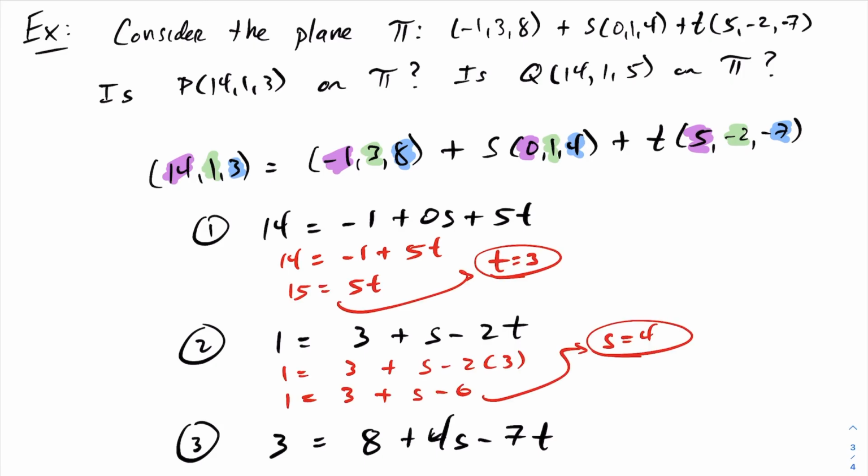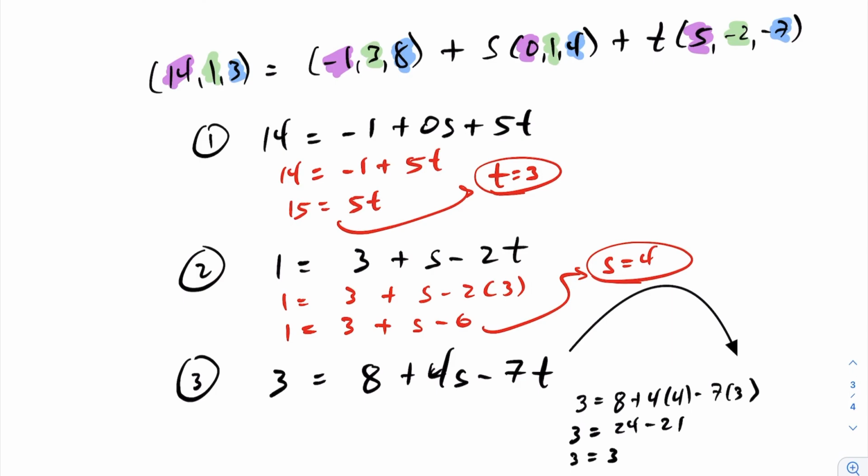Solving for t here, we get t equals 3. Substituting that into equation 2 and solving for s, we get s is 4. So the parameters s being 4 and t being 3 are the parameters we need so that 14, 1, and 3 is on the plane. However, we must check whether these two parameters satisfy our third equation. Checking this in our third equation, the left-hand side equals the right-hand side, 3 equals 3, and therefore this point is on the plane.